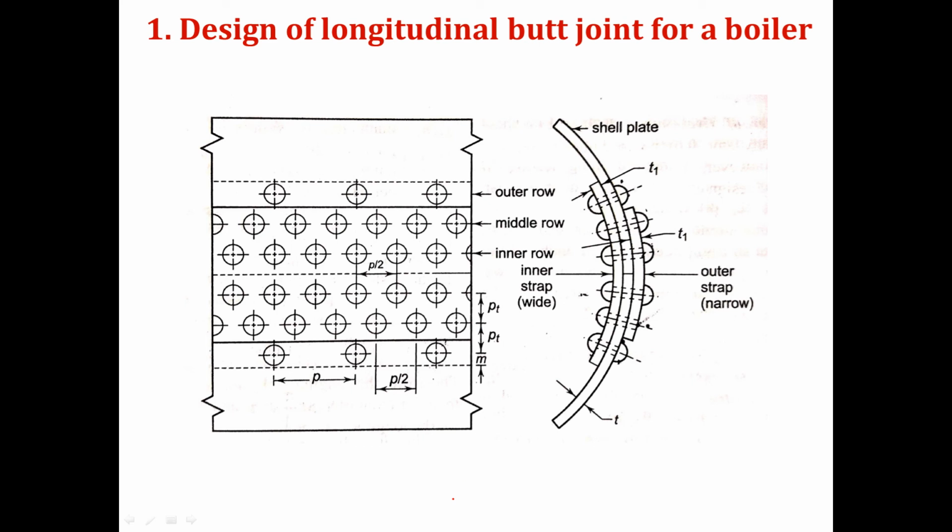Step by step we will be finding out all these values. Once we have found all the values, you will have to draw this particular diagram and mark those values, then your design will be complete. Is it clear?